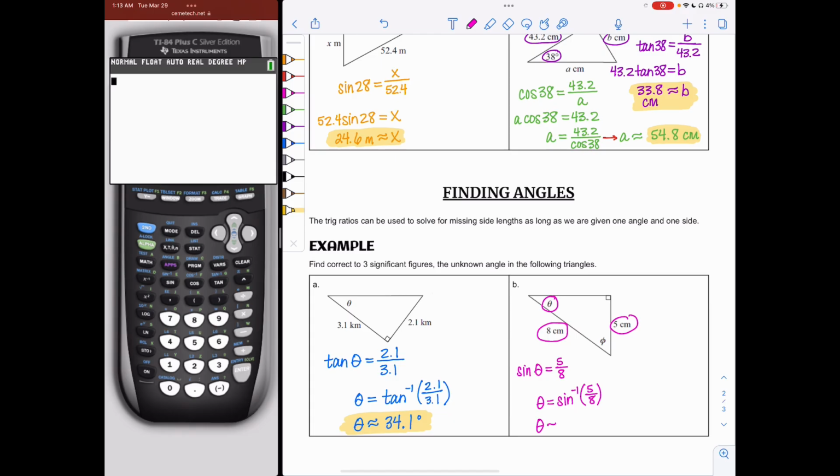which means that theta is approximately 38.7 degrees. Similarly, I can do the same thing for phi by looking at my given information. For angle phi, I'm given the adjacent and the hypotenuse.